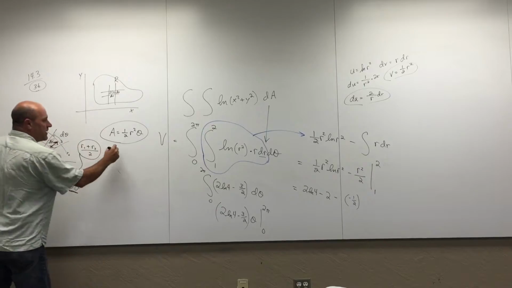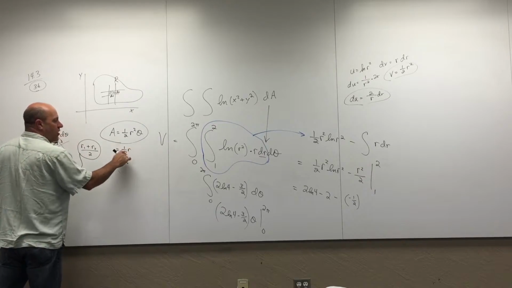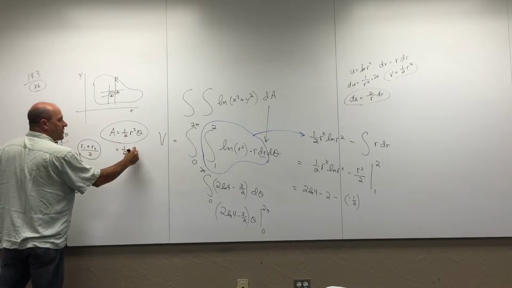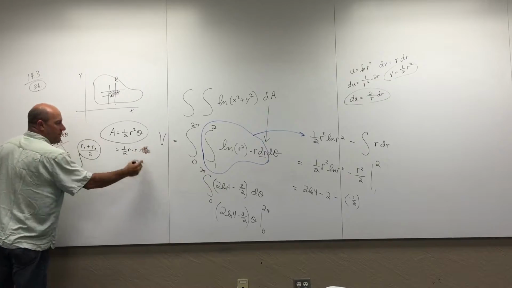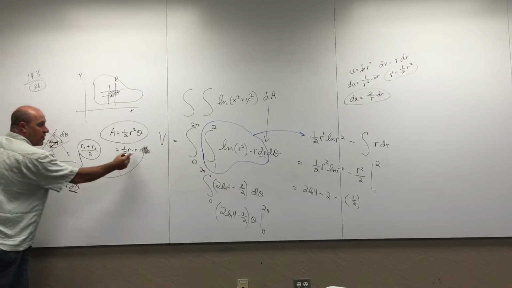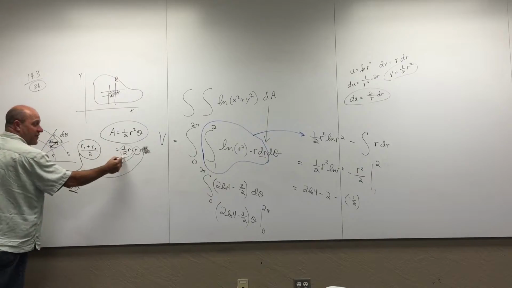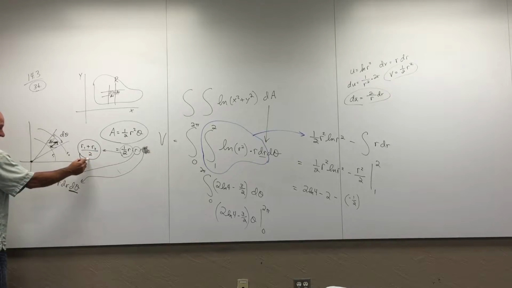I'm taking this formula, making this 1/2 R times another R times a theta. My theta turns into the d theta. One of these R's turns into one of these R's, and the half of an R turns into this.